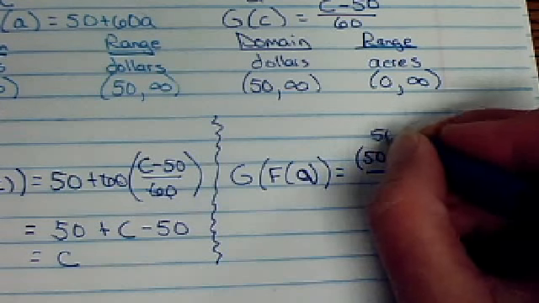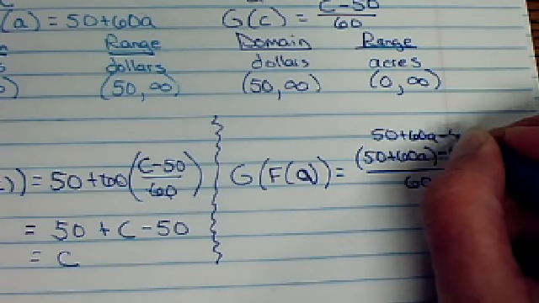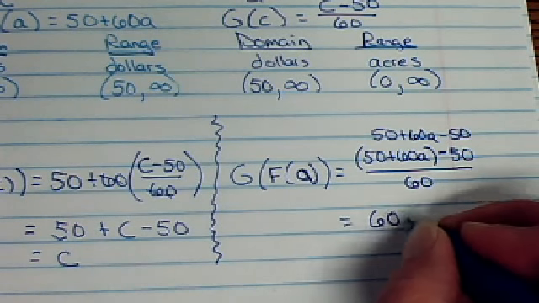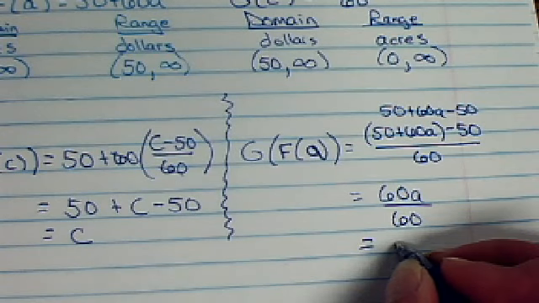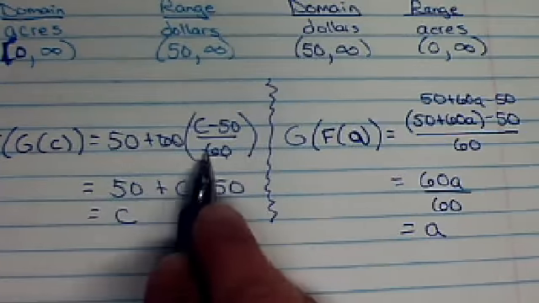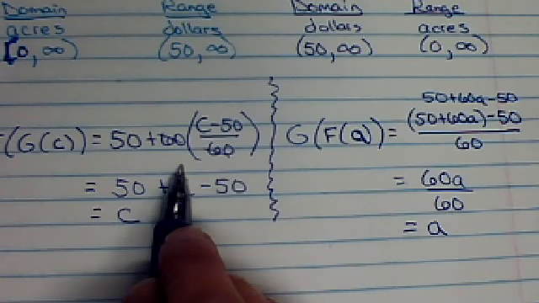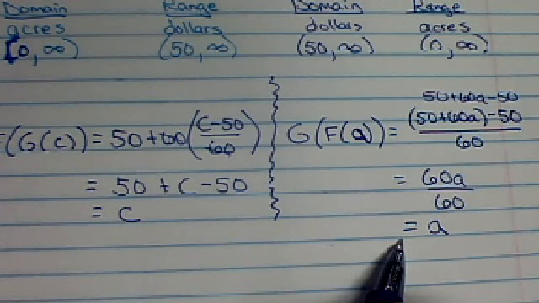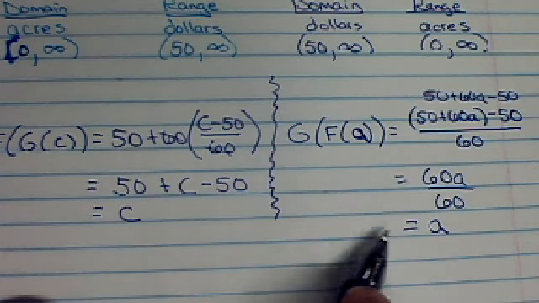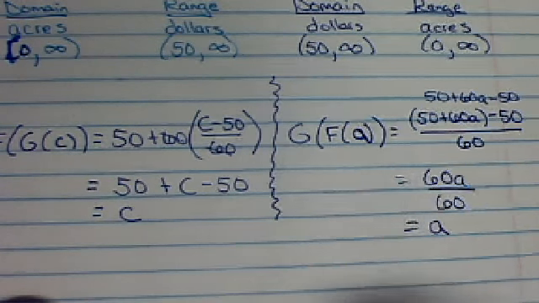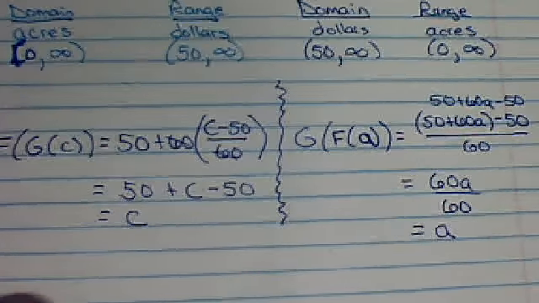Well, that's really just 50 plus 60A minus 50. 50 minus 50 is gone, so I'm left with 60A in the numerator divided by 60, which just gives me A. When you do a composite function in each direction and you just get back your input, that means these are truly inverses.